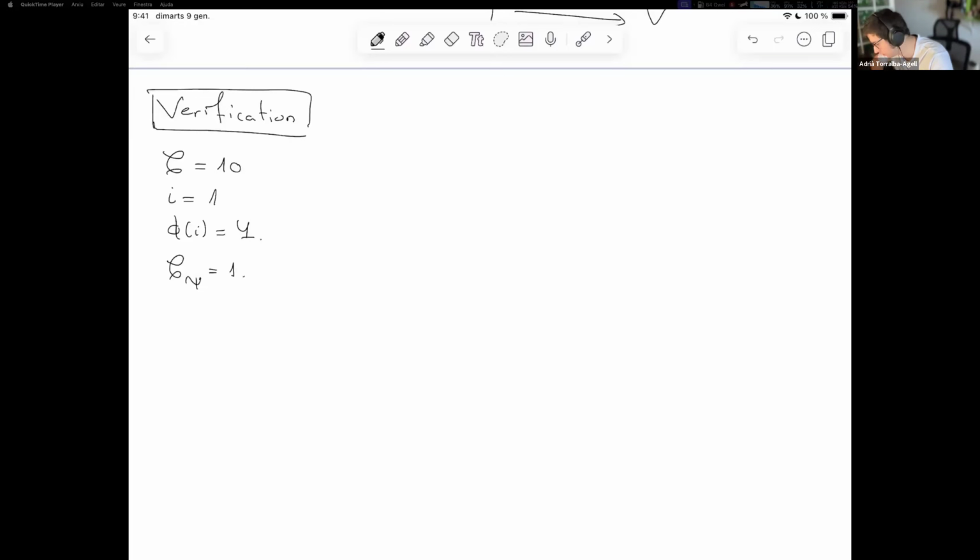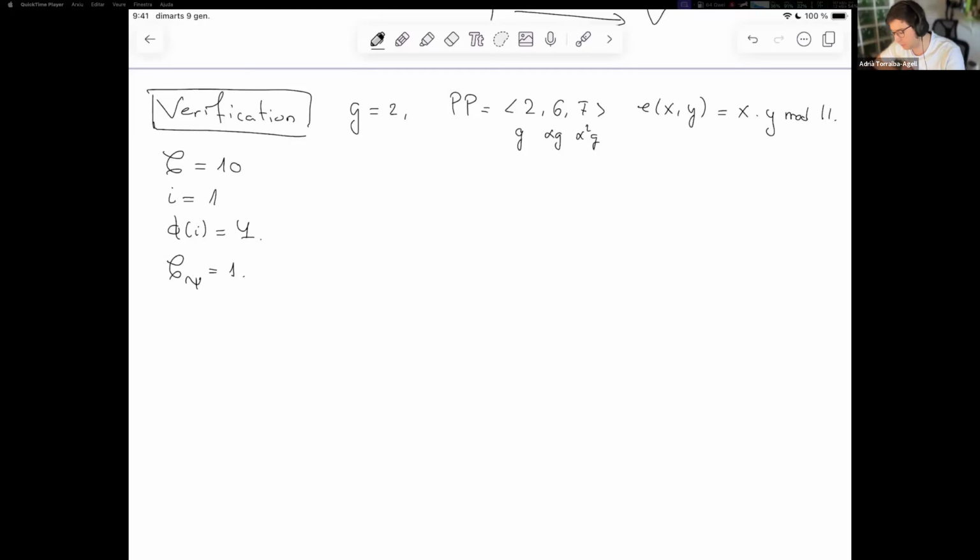I also recall for convenience that G is 2, that the public parameters are 2, 6, 7, and this is G, this is alpha G, this is alpha square G. And that the pairing E of X, Y is X times Y mod 11. This is the information we have so far.